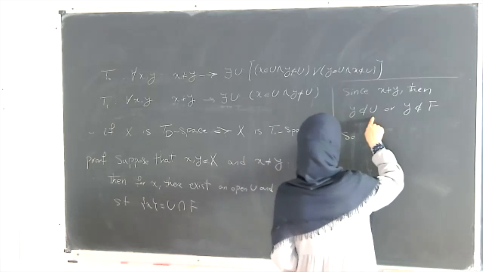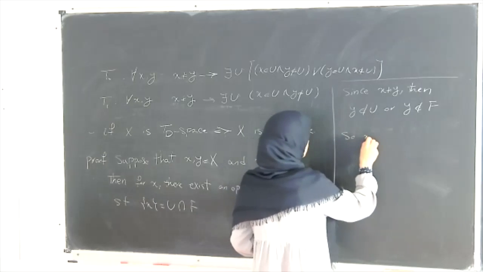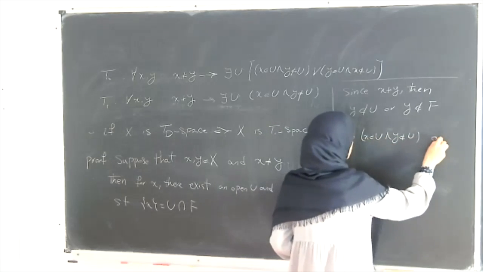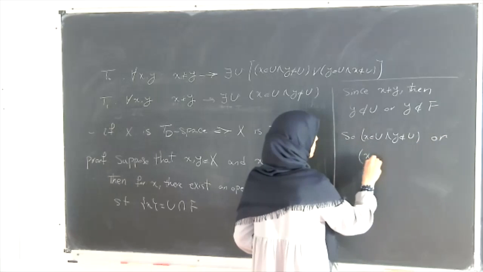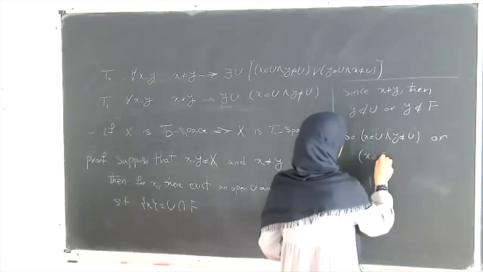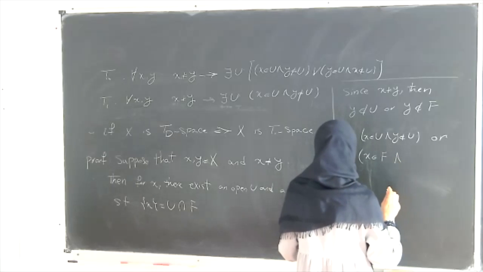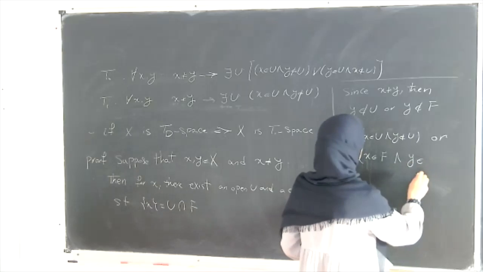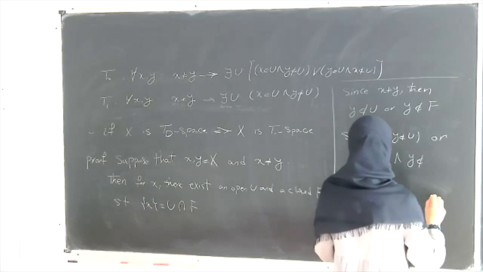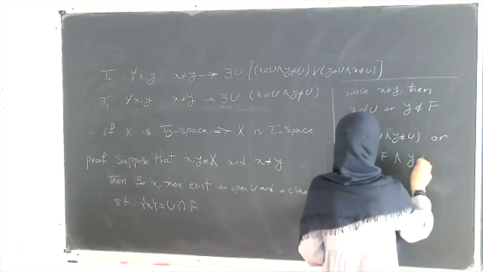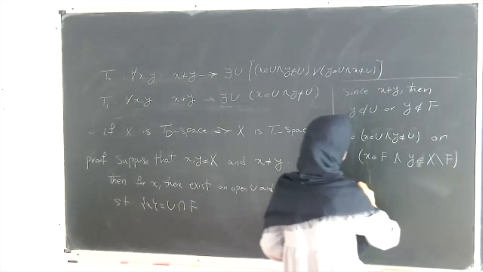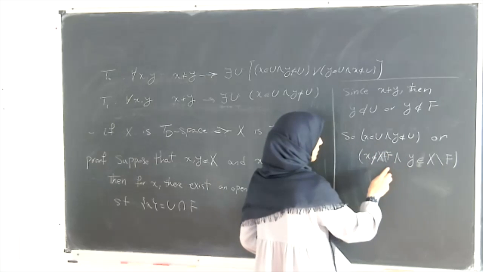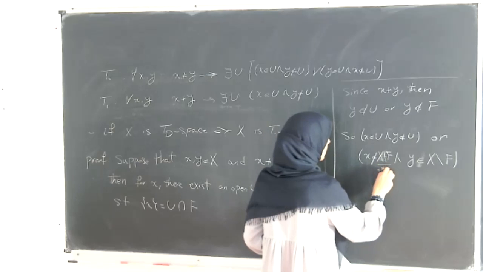So if y is not in U, we have that x is in U and y is not in U. Or we have that x is in F and y is not in F, so y is in X minus F, and x is not in X minus F. Since F is closed, this set is open.